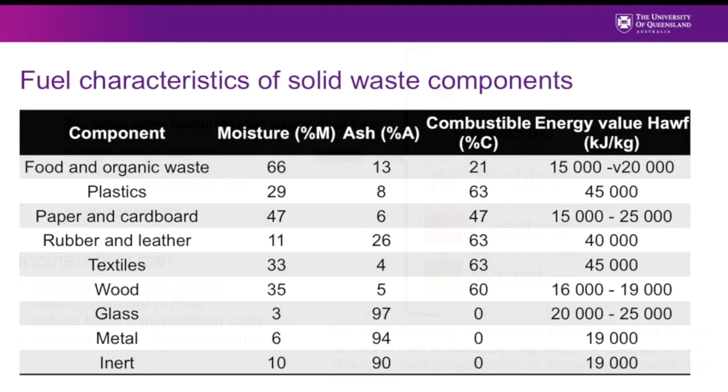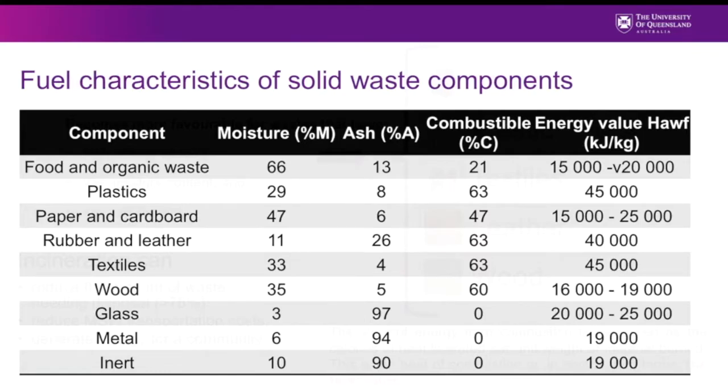In order to assess the fuel characteristics of a particular waste, we need to have these values: ash content, moisture content, and combustible content percentage, and also the energy value of the waste. So as you can see, it is clear that, for instance, food and organic waste will be very difficult to incinerate on its own due to the high moisture content, while other materials are better for incineration.